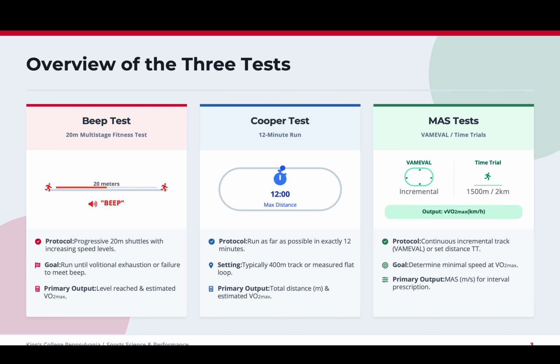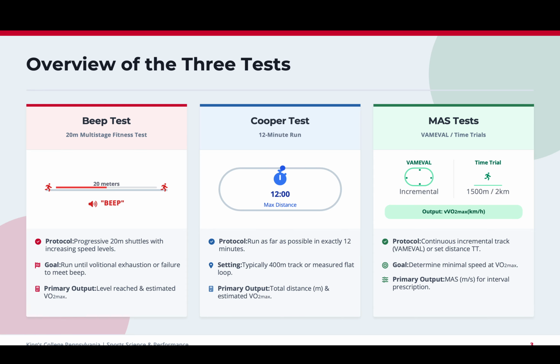The Cooper test is a 12-minute run. You run as far as possible in exactly 12 minutes, typically on a 400-meter track or a measured flat loop. The primary output is total distance in meters and estimated VO2 max.